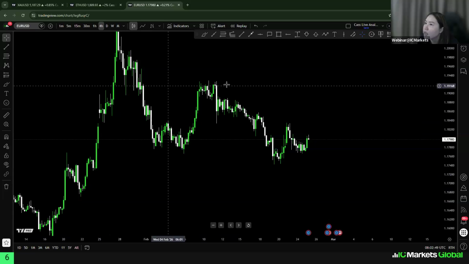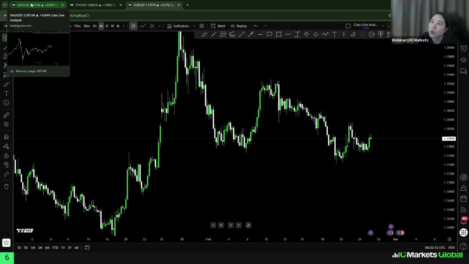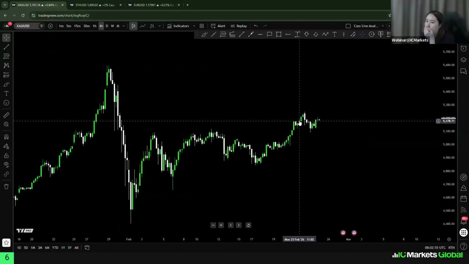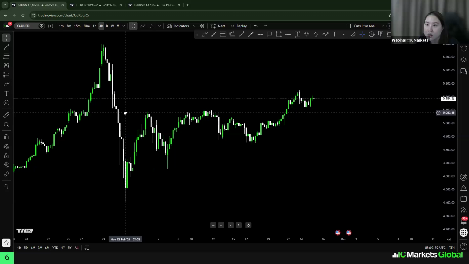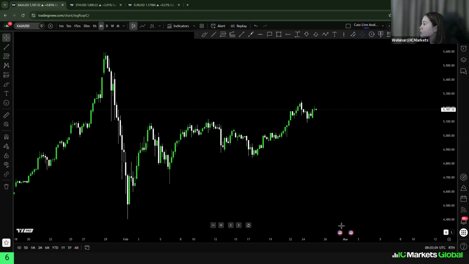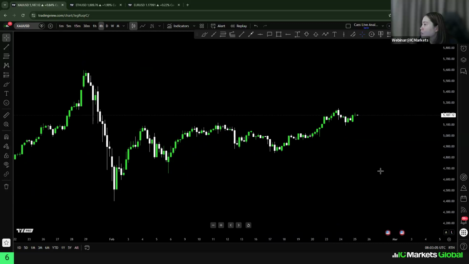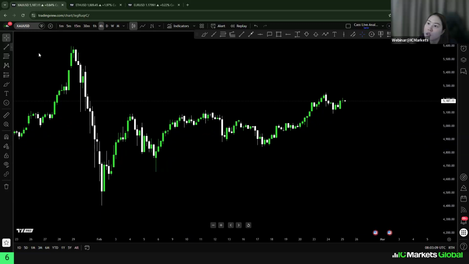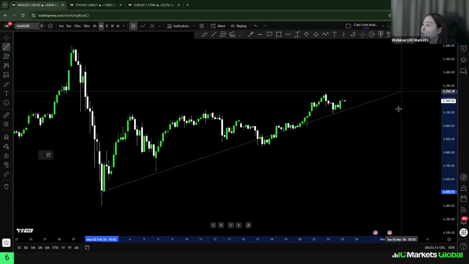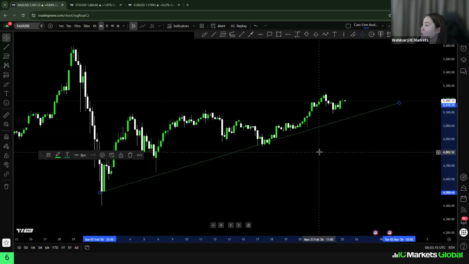So let's start with what do you guys want to go with? Let's start with XAU USD. Okay, cool. So I'm just gonna draw this trend line here.